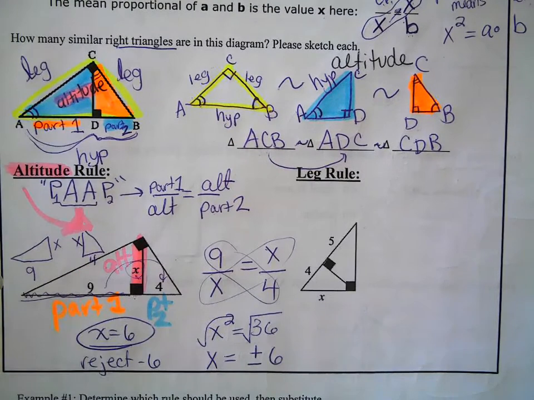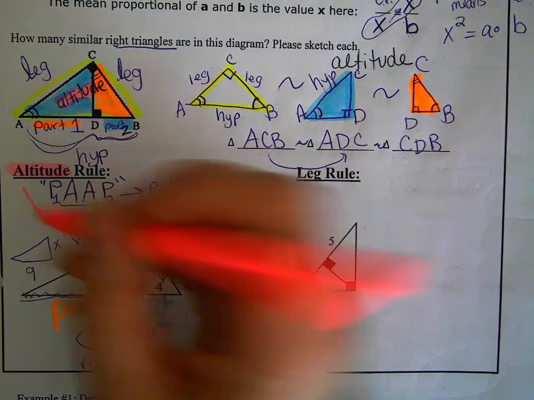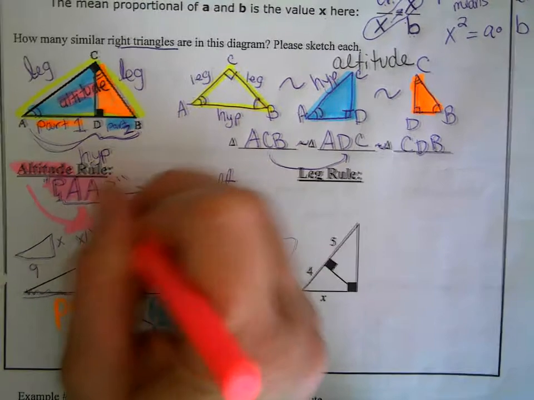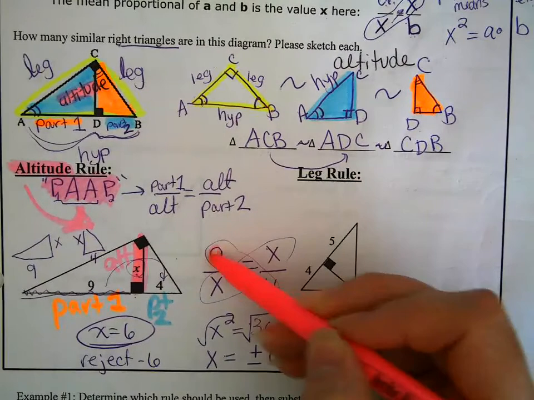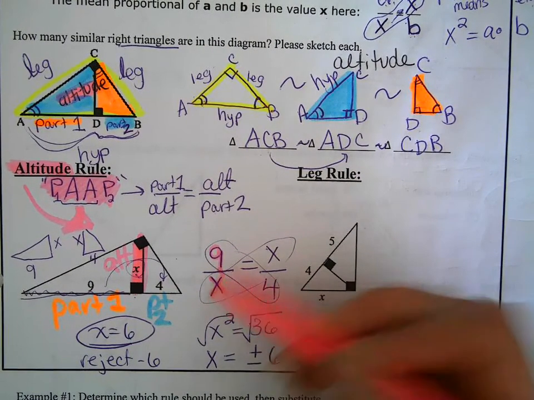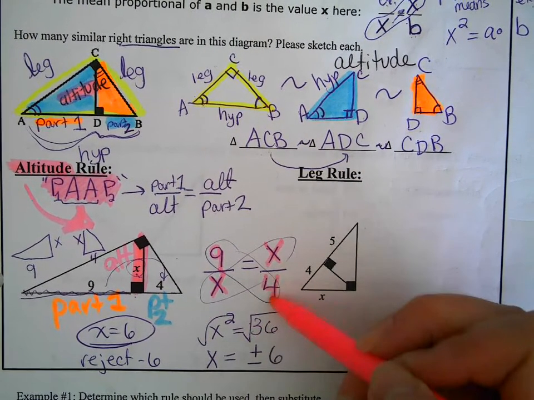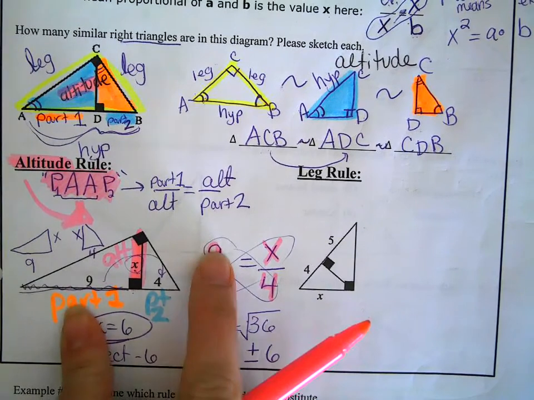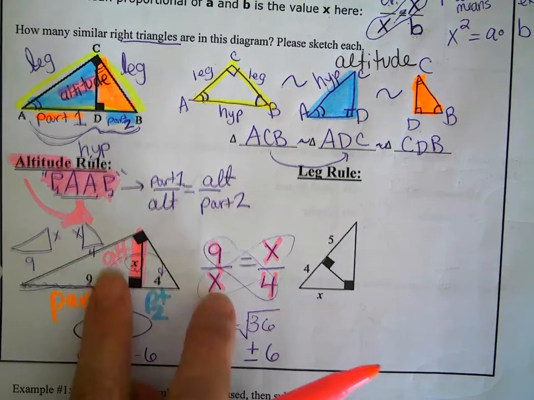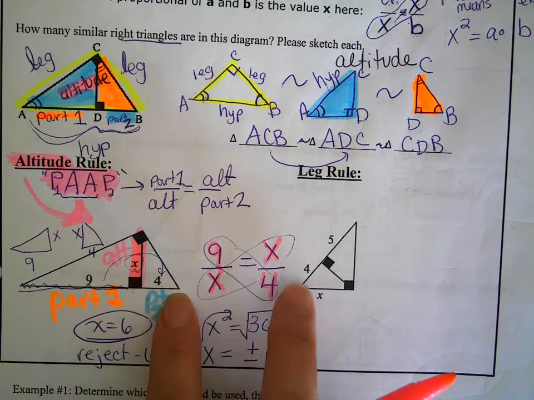But what I'm going to tell you as a rule of thumb is that when you have an altitude, you're going to use the PAAP rule, where the part goes over the altitude as the altitude goes over the other part. So part is the 9, altitude is the X, repeats over the other part.